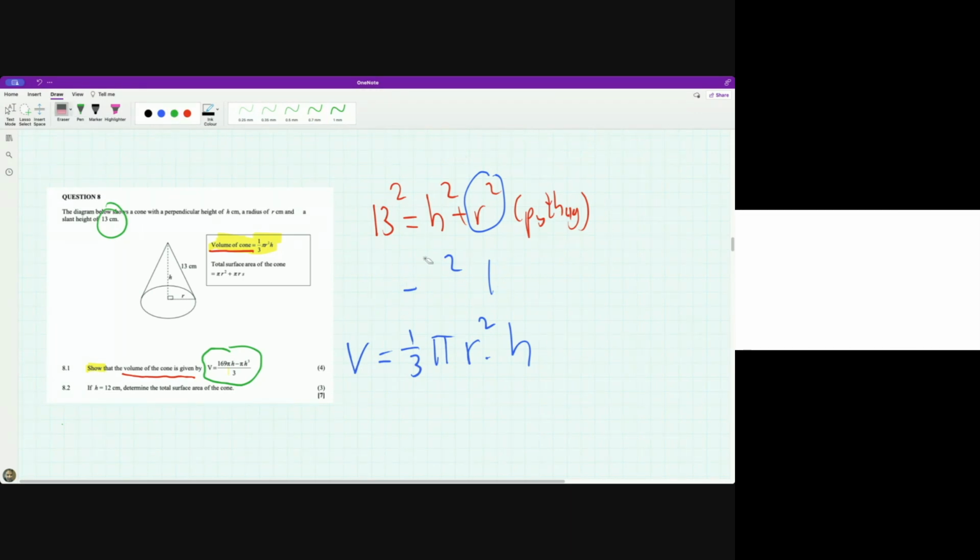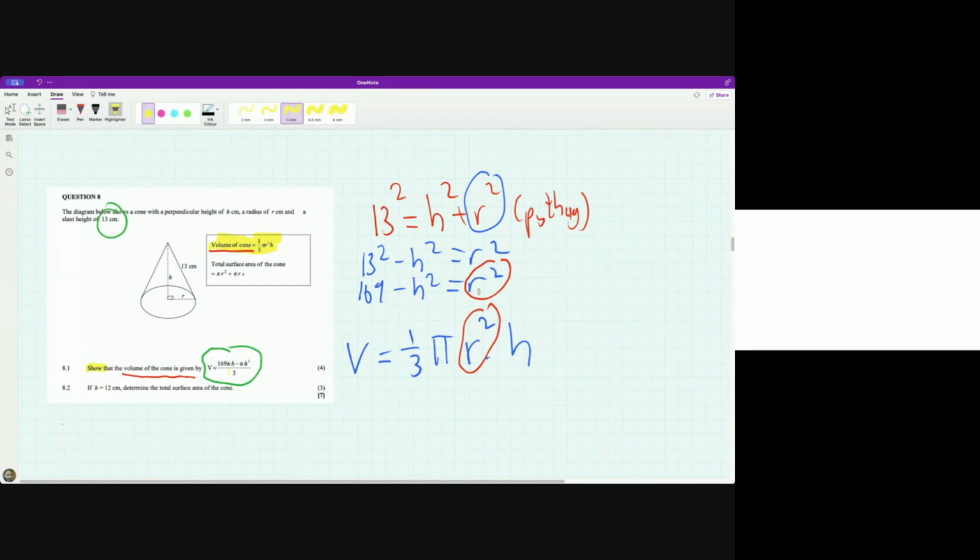So let's go back. If I leave this on this side, 13 squared minus h squared is r squared. So 169 minus h squared is r squared. Now, what I noticed is that there's an r squared here and there's an r squared there.